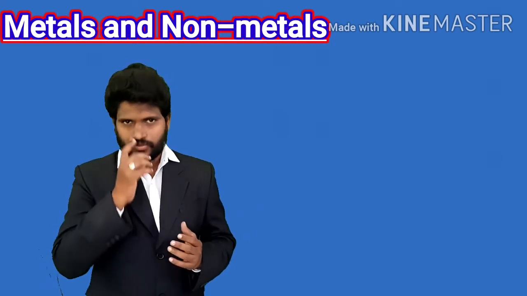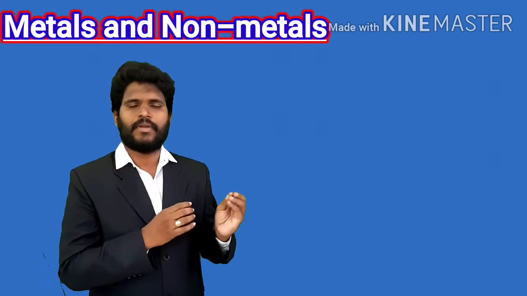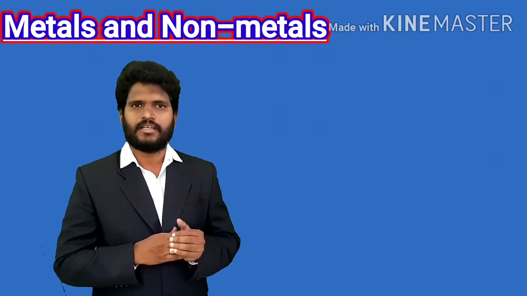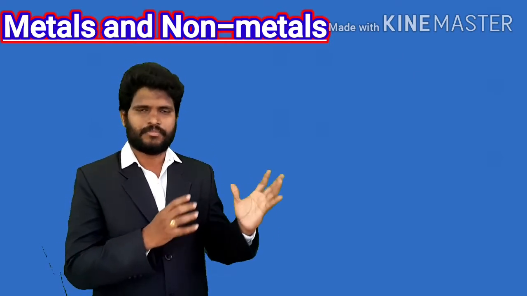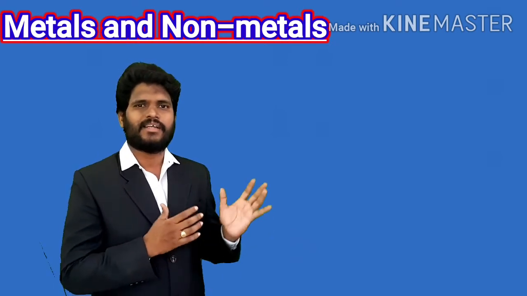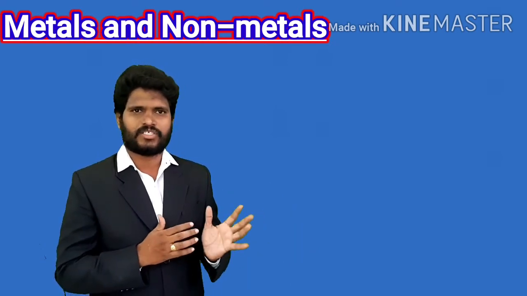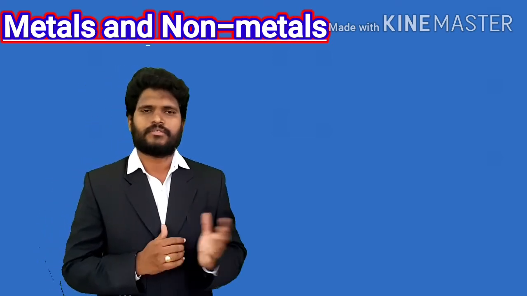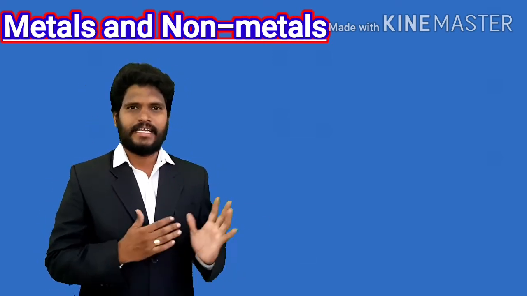So the main point here is that metals are lustrous in nature. This property is also known as the metallic lustrous property.